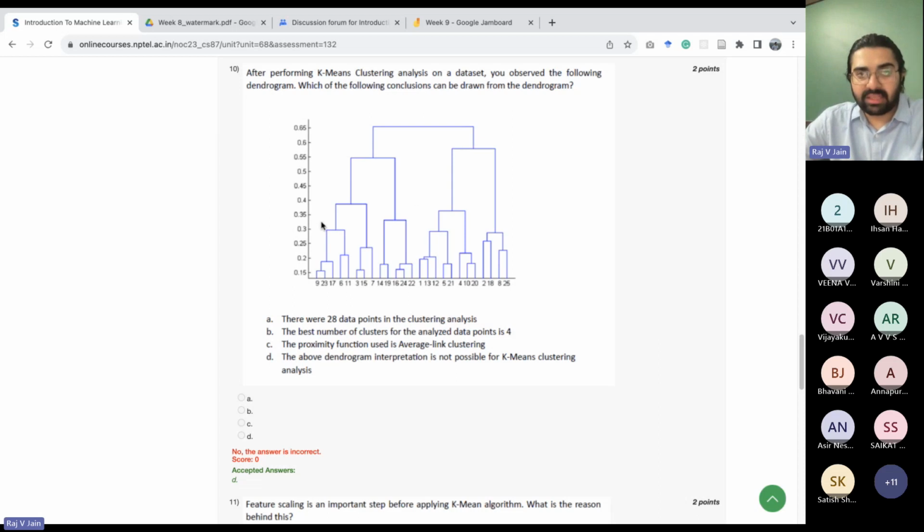Do we get something like this in K-means clustering? No, sir. Right, that's the answer. If you do K-means clustering, you don't get something like a dendrogram structure. You just get different clusters and you're done there, right?